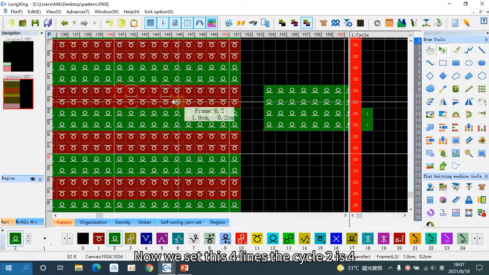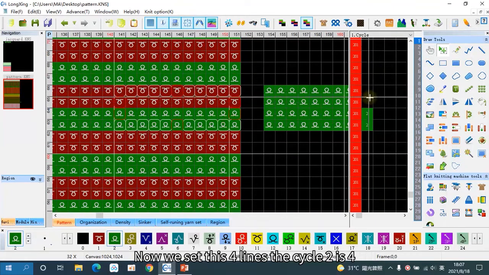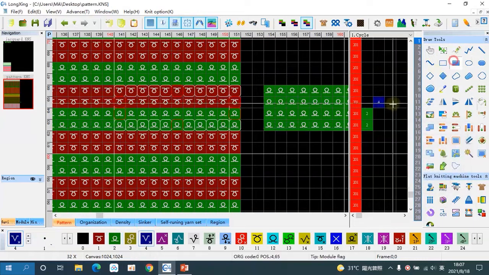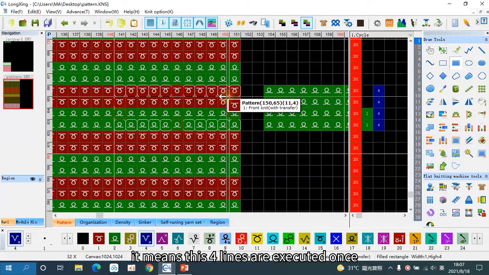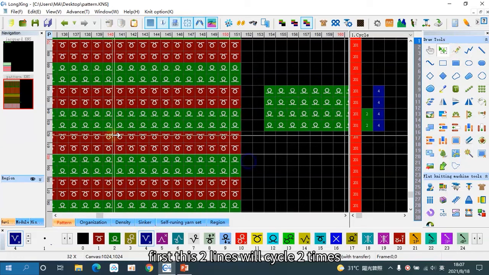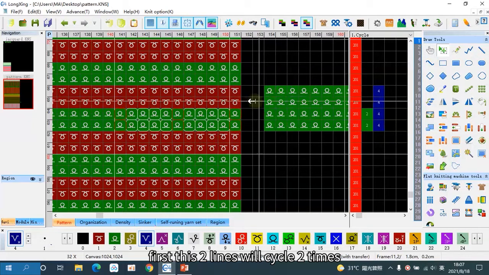Now we set these 4 lines. The circle 2 is 4. It means when these 4 lines are executed once, the internal circles will be executed. It's similar to this. First, these 2 lines will circle 2 times.